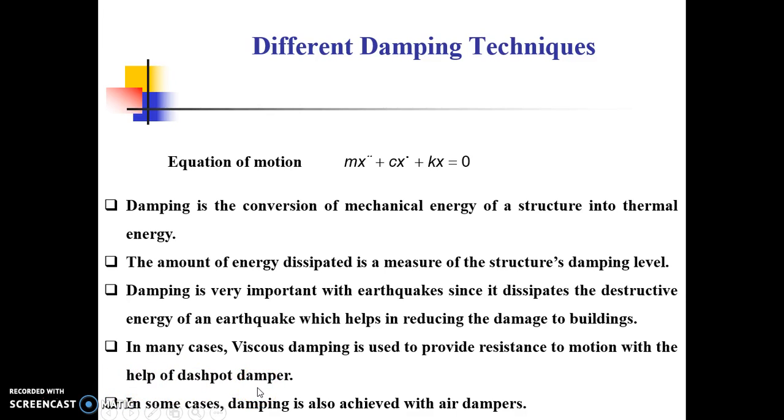In many cases damping is also achieved with air dampers, so there are air dampers also available in the market, in which the resistance is provided with the help of the air resistance, and in such cases the damping force is created, so that the vibratory system can be controlled effectively.